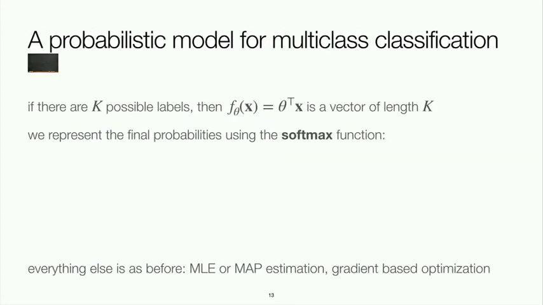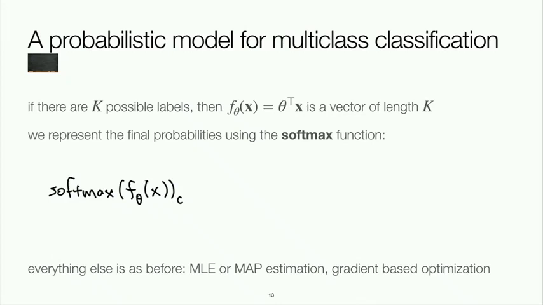Okay, stick with me. Give me one minute, and I'm going to write out what it is that we're actually doing to transform real numbers into probabilities. It's what we call a softmax function. The softmax you can almost think of as a multivariate generalization of the sigmoid, where the softmax of my model output is a vector of k entries between 0 and 1 that all sum to 1.